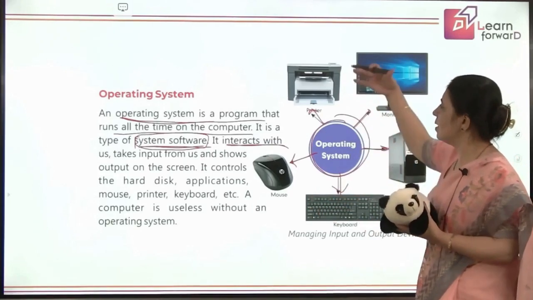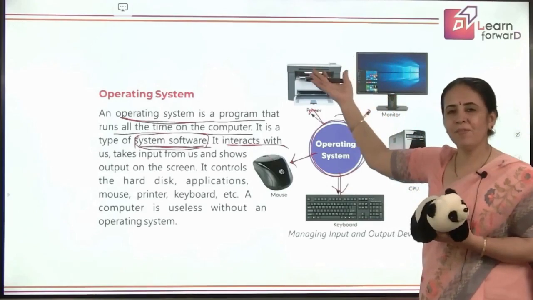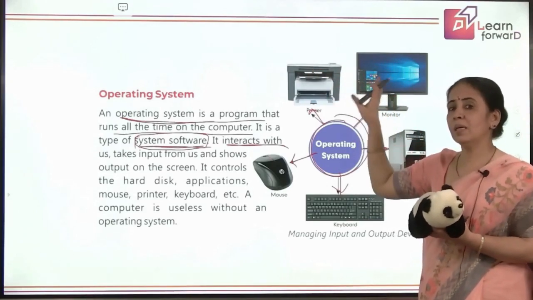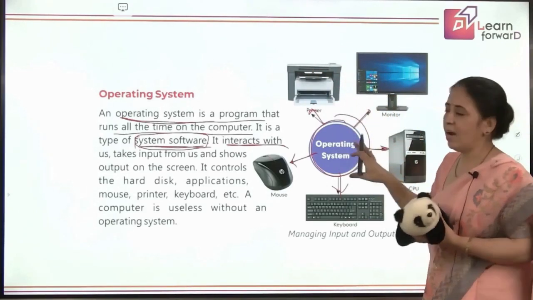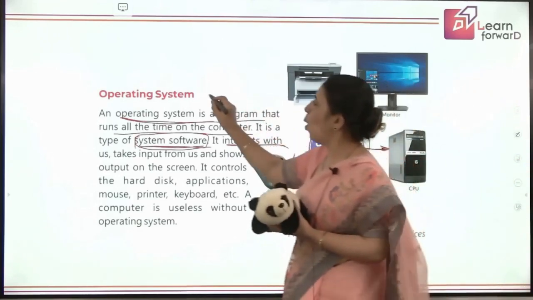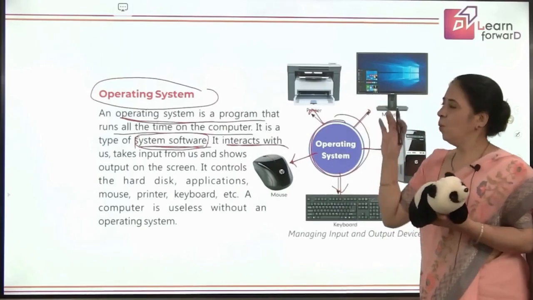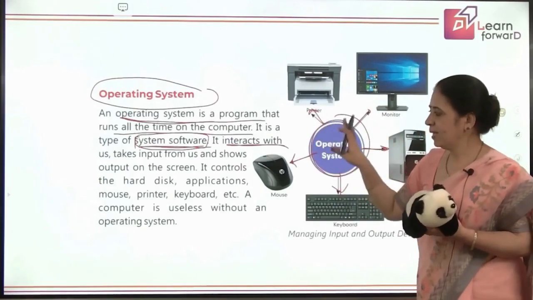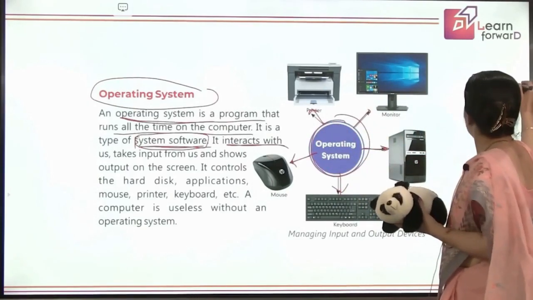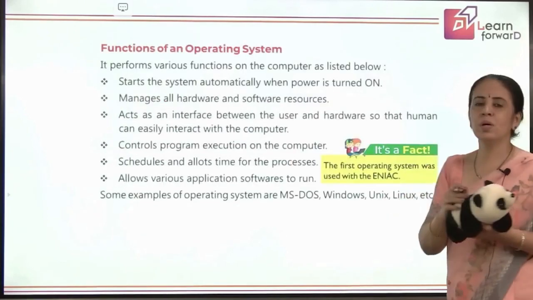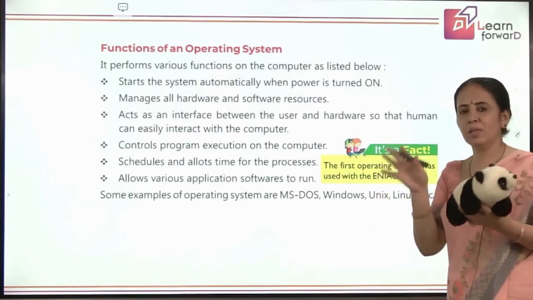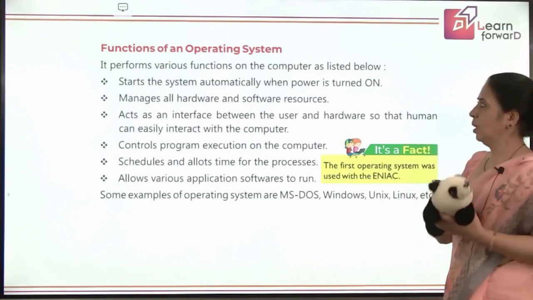When the result has to be sent to the output device, then again only the system software will understand it. And that all work is done by a special system software which is called operating system, right? So, that means we cannot work at all without the operating system on the computer.